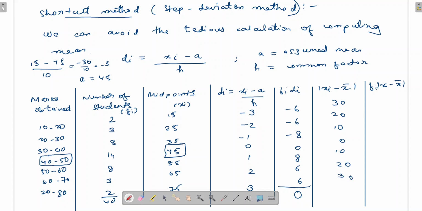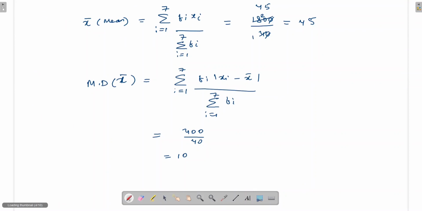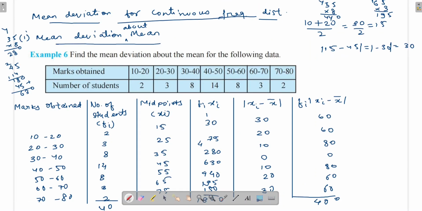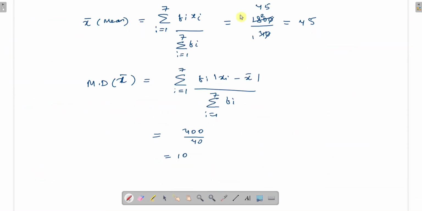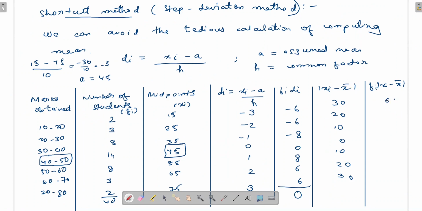Then Fi modulus of xi minus x bar is 60, 60, 80, 0, 80, 60, 60, and the total also we had calculated and we got 400.